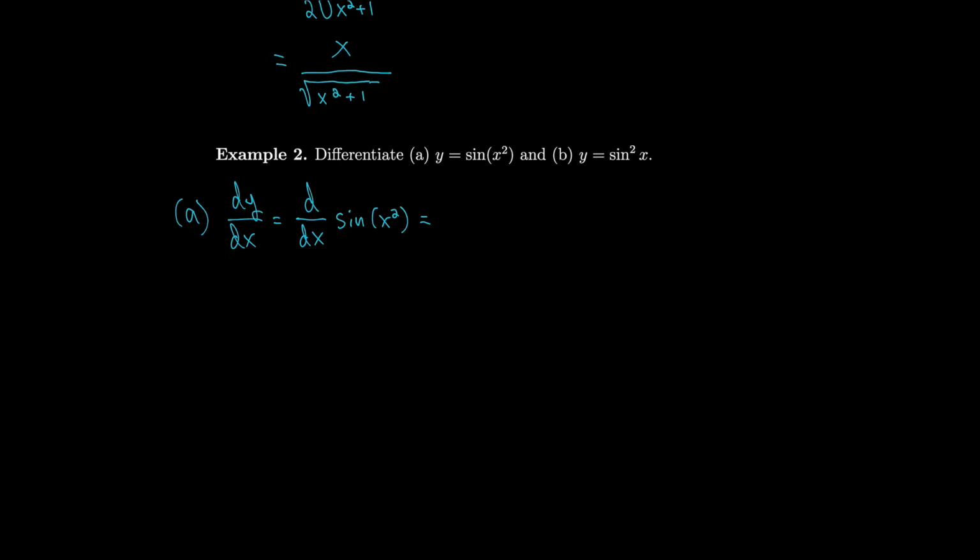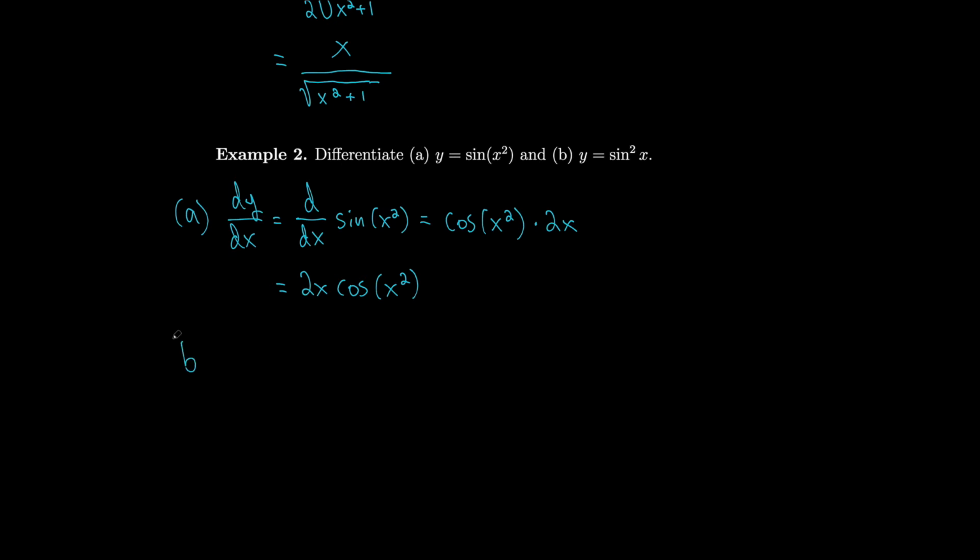So if it was sine of x, the derivative would be cosine of x. So that means this is cosine of x squared. However, the inside wasn't x. There was a function inside. So we have to take that derivative, and we get 2x. Okay, so then we can just put the 2x out in front. So it's 2x cosine x squared.